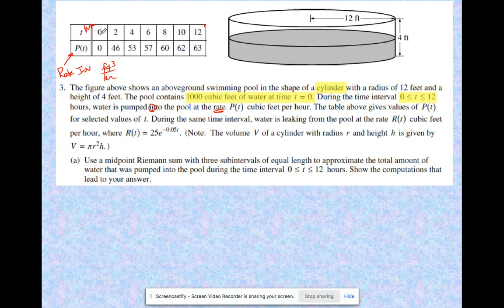So at time zero, there's no water being pumped in, but how much water was there to begin with? Right? 1,000. Pumped in at a rate. P of t is a rate, which means P of t is a derivative. You're looking at values of a derivative with units cubic feet per hour.